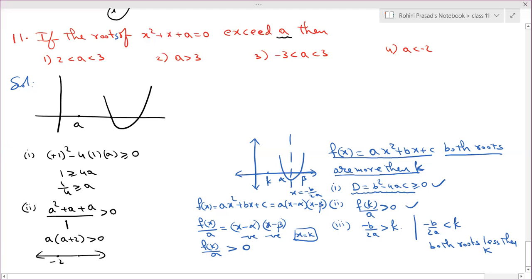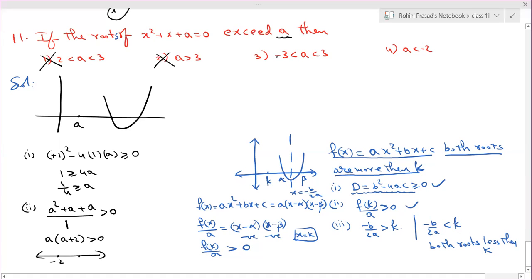minus 2. So from the first condition, you can directly say that it's the fourth option, right? If you use elimination, maybe you can. So it should be less than 1 by 4. A should be less than 1 by 4, and this doesn't agree with that. This doesn't agree with that. And even this doesn't agree with that.